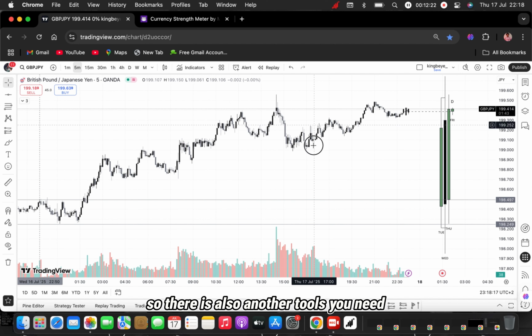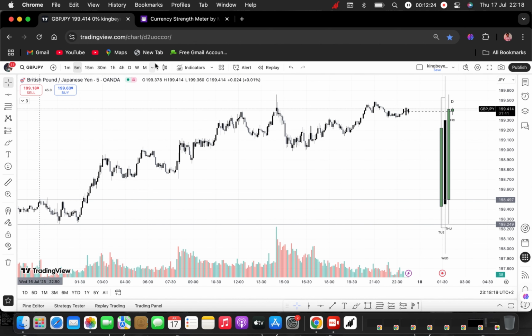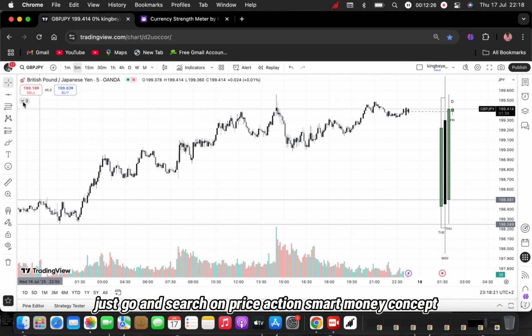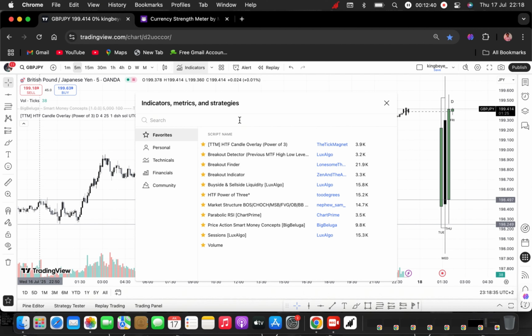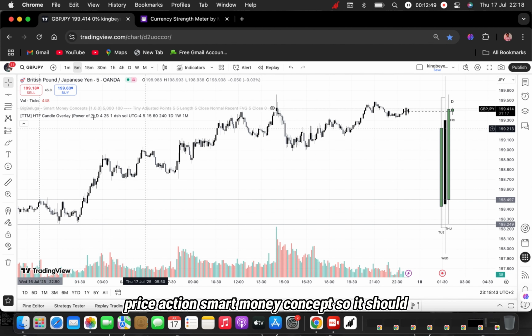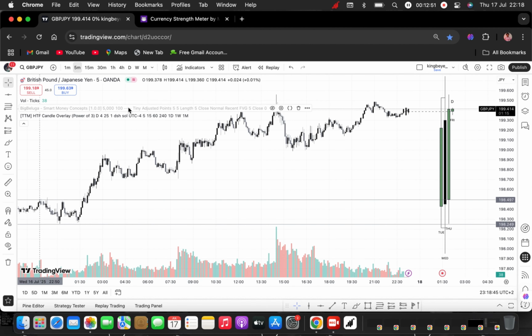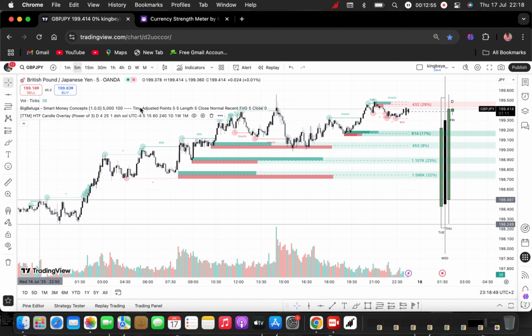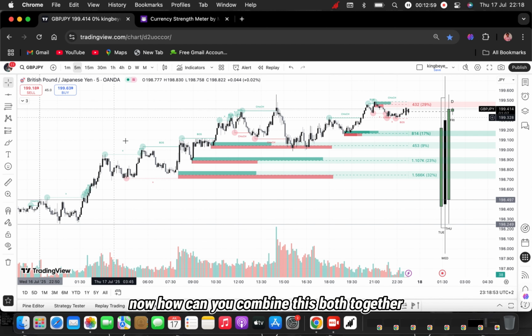So there is also another tool you need. Just go and search on price action smart money concept, which is this price action smart money concept. You will see this one, this one. Now, how can you combine these both together?